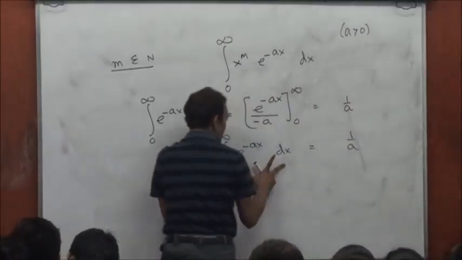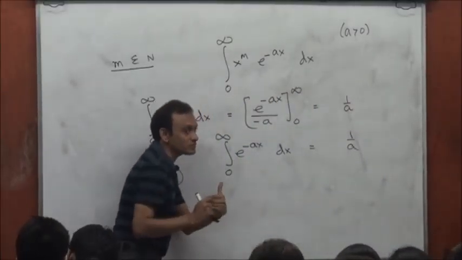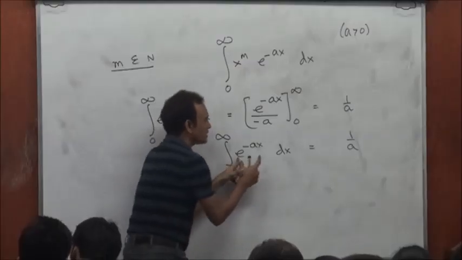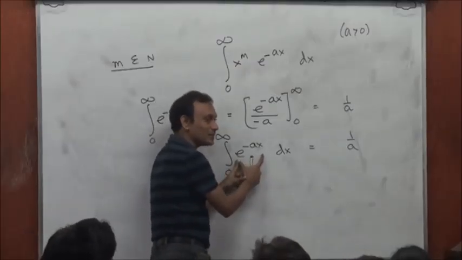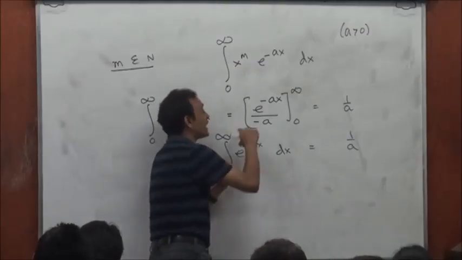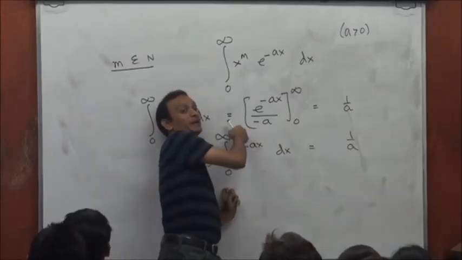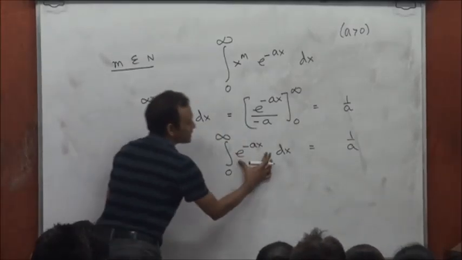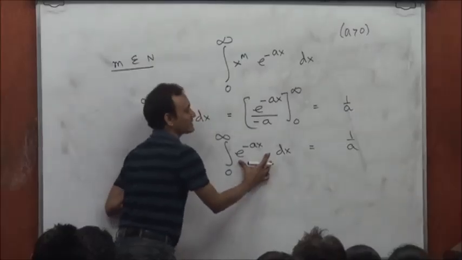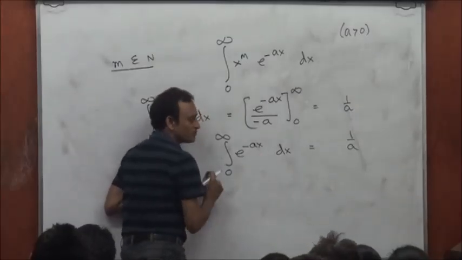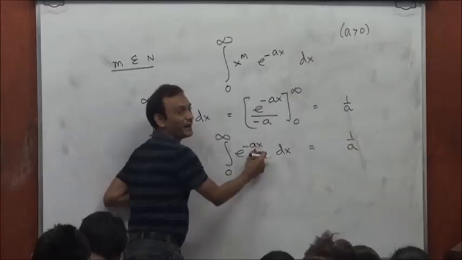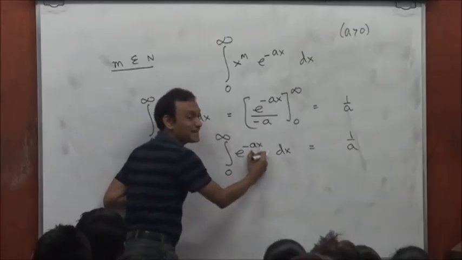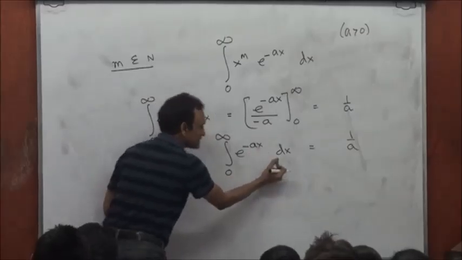So when I differentiate this with respect to a keeping x constant, there will be 3 terms in it. In the first term, I'll differentiate this with respect to a keeping x constant. The second and the third terms will be 0 because the lower and upper limits are constant. So the first term, if I differentiate this with respect to a keeping x constant, it's going to give me minus x e power minus ax. Yes or no? It's going to give me minus x e power minus ax.